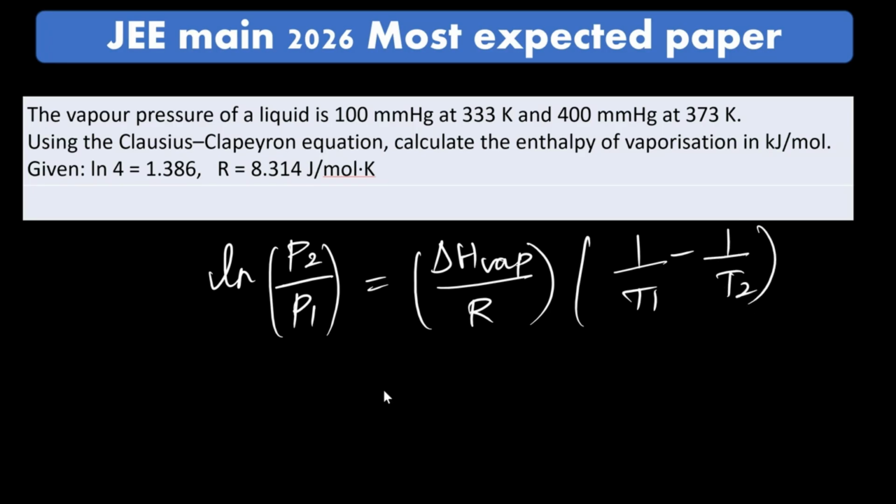So let's substitute the values one by one. Pressure, that is 400 by 100, right? And what about delta H of vaporization?